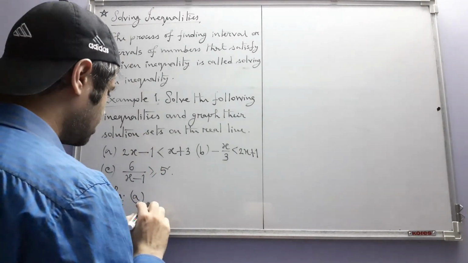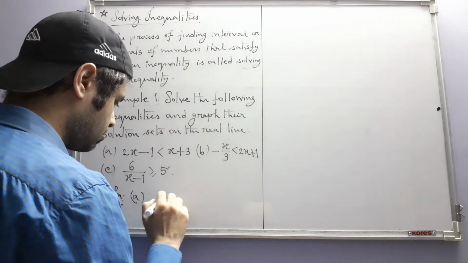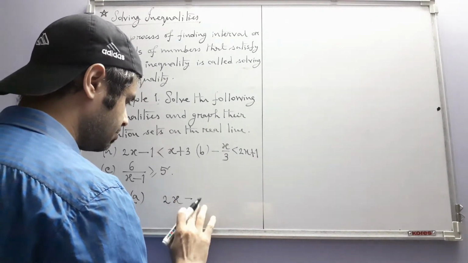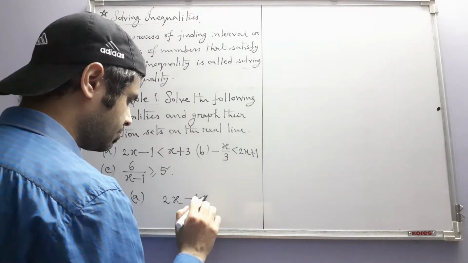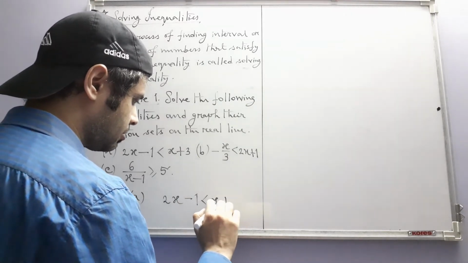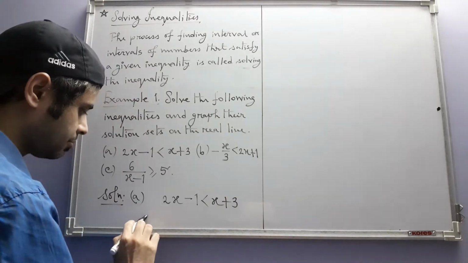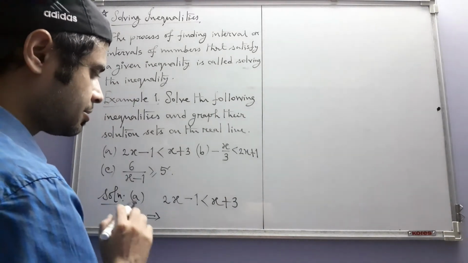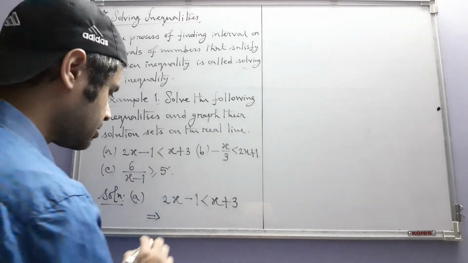So in the first one we have 2x minus 1 is less than x plus 3. This implies you can subtract x from both sides.